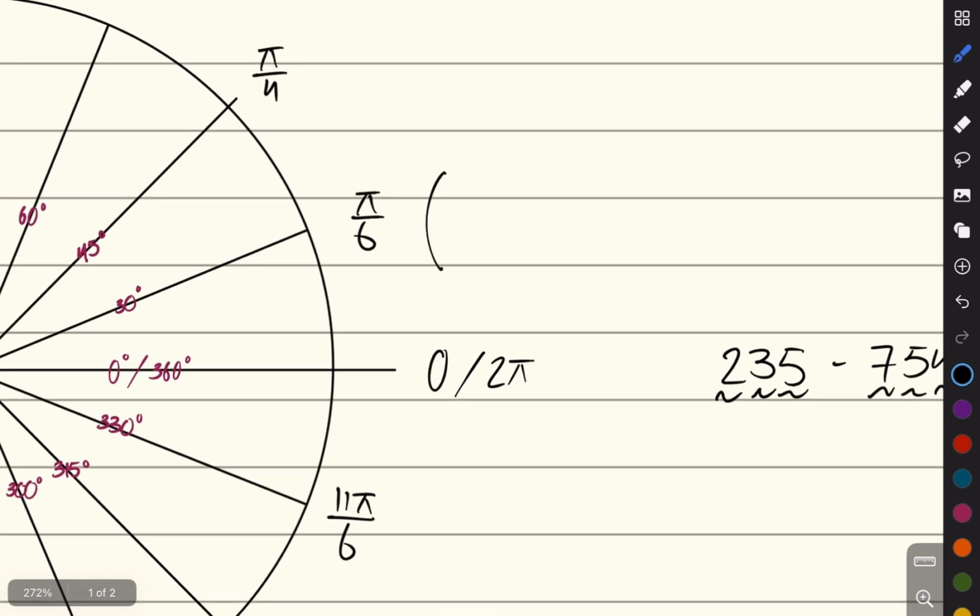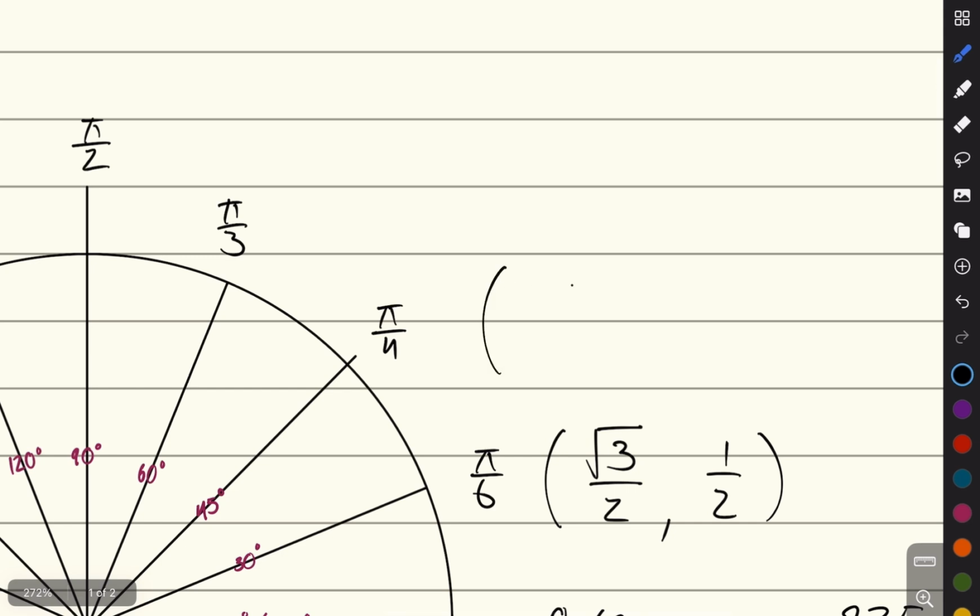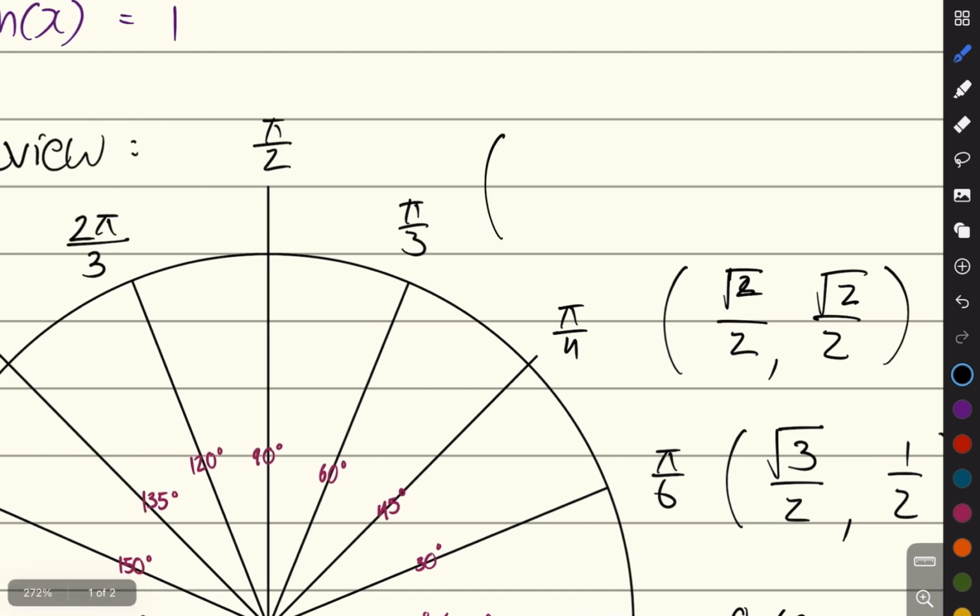For here, we know that the coordinates are √3/2, 1/2. And at pi/4, the coordinates are √2/2, √2/2. And for pi/3, the coordinates are 1/2, √3/2.